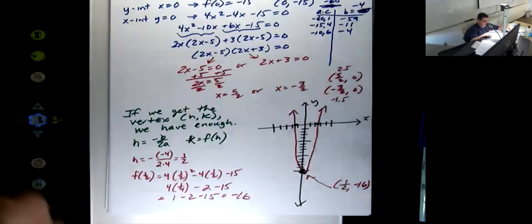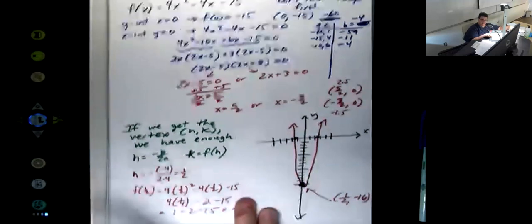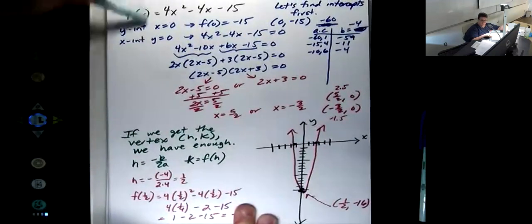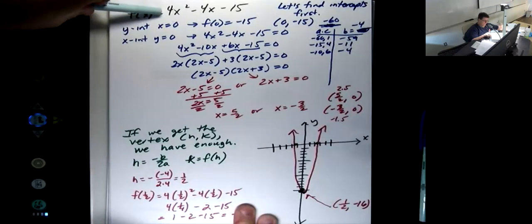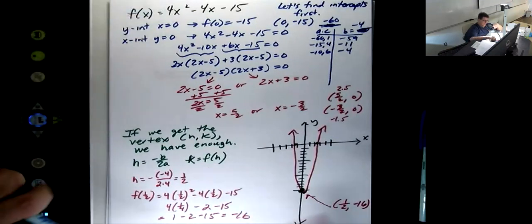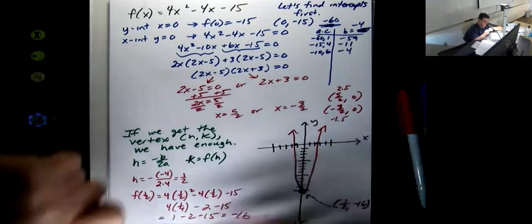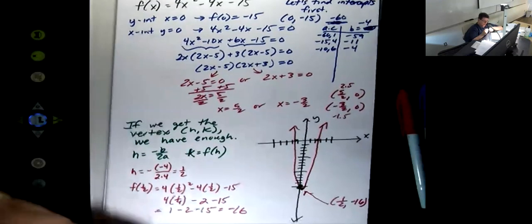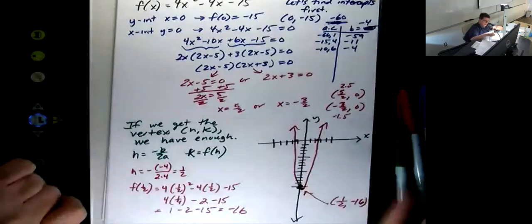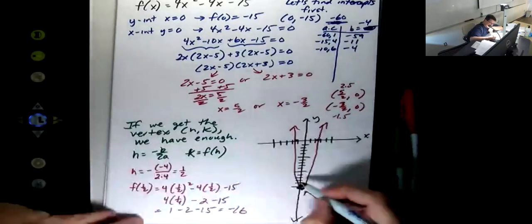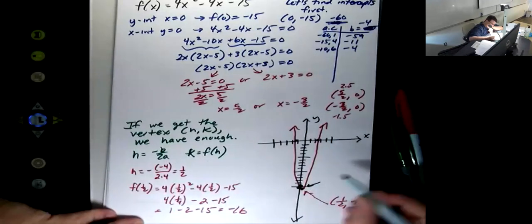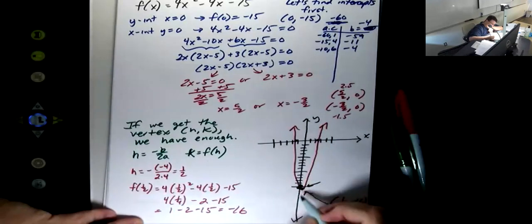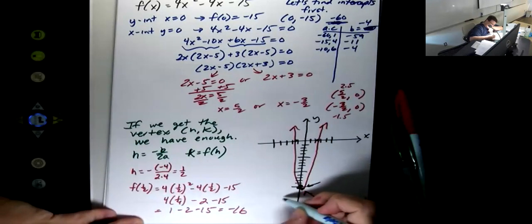That 4 out front makes it really steep. This 4 right there makes it really steep. You can use a little symmetry to make another point right here.